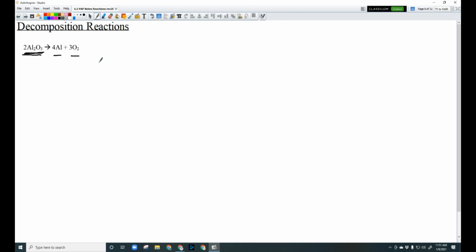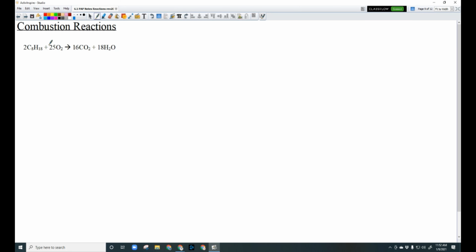Remember, decomposition means to break down, to decompose. The thing to look for is that you have one reactant, then your arrow, and then multiple products. That's the telltale sign of a decomposition reaction.